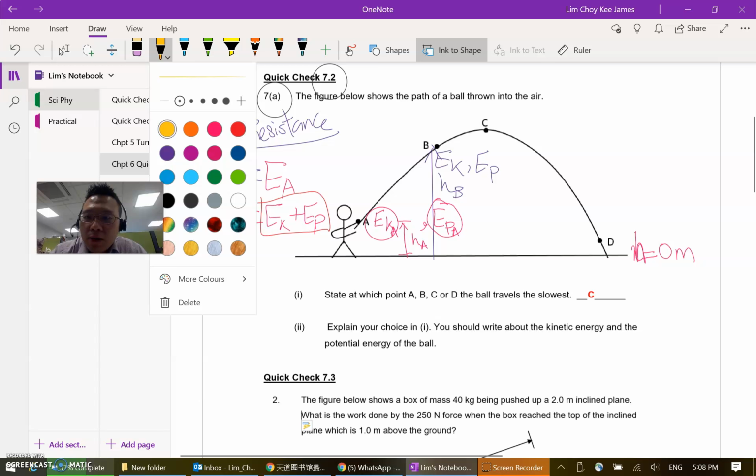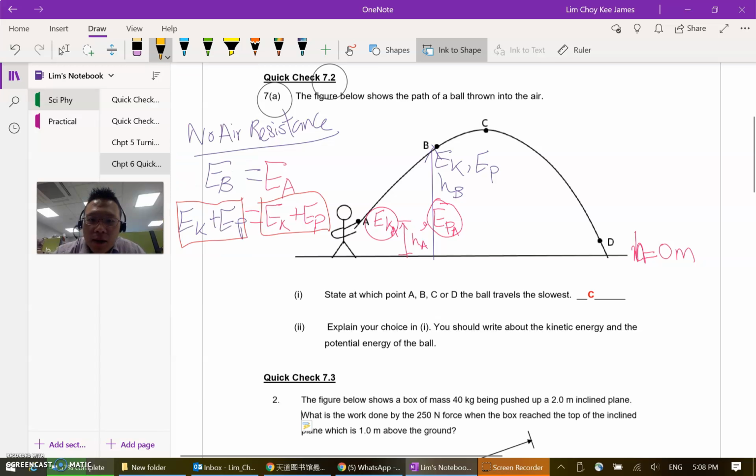For example, at A, because the height at A is much smaller than the height at B, this indirectly means that the potential energy at B is much higher than at A, because the vertical height is larger.